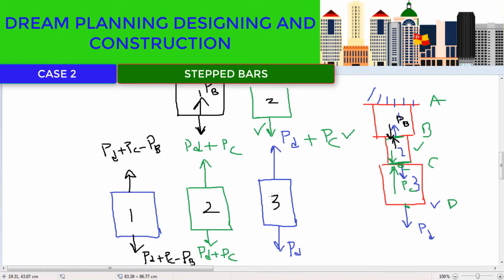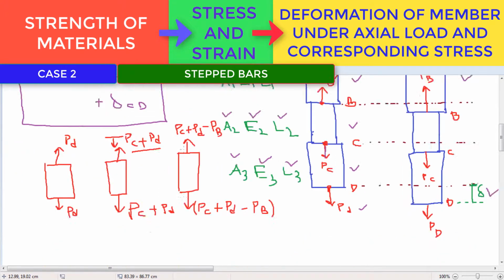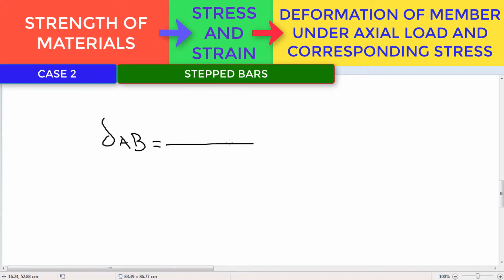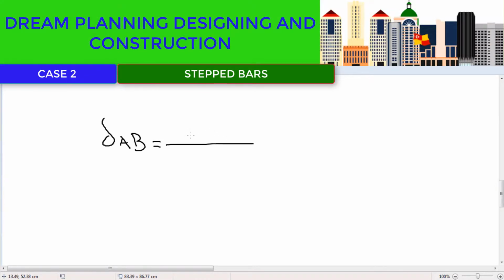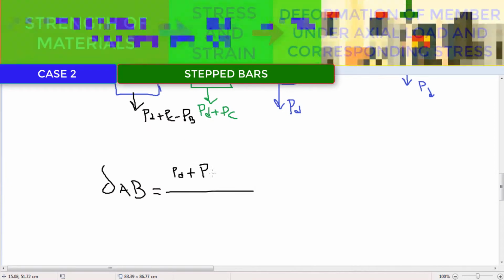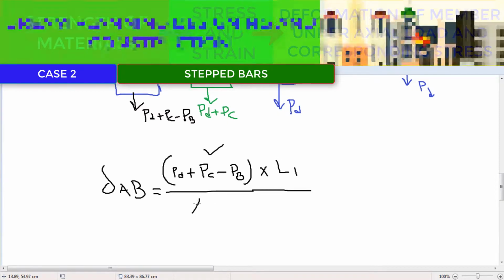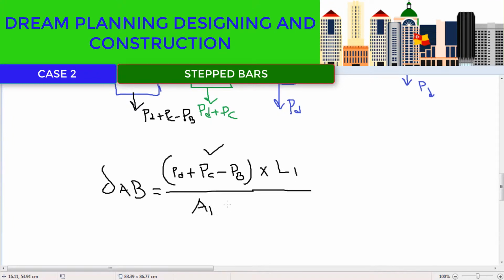Now we calculate del. Here it is seen that del equals del AB plus del BC plus del CD. So del AB, we know that del equals PL by AE. In the first member there is a force PD plus PC minus PB, that is the total force applied on the first member, into the length of the first member, L1, by the area of the first member, A1, and the modulus of elasticity of the first member, E1.